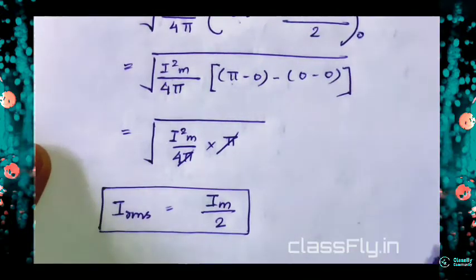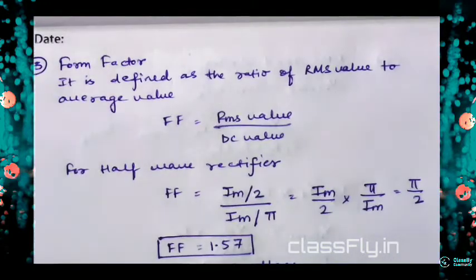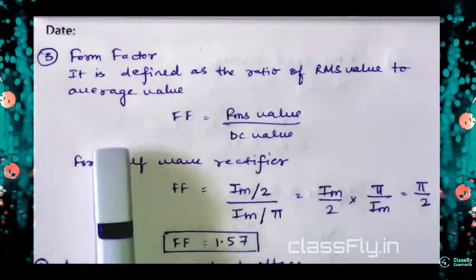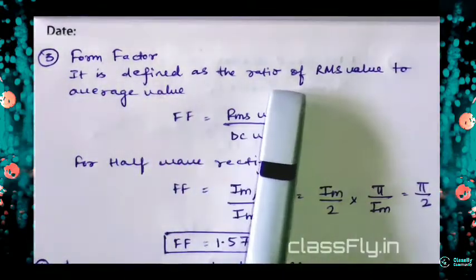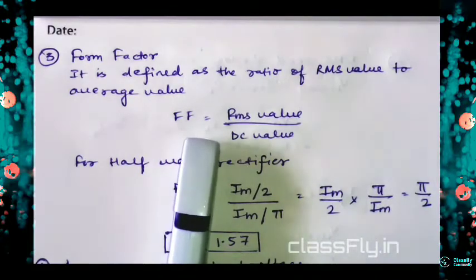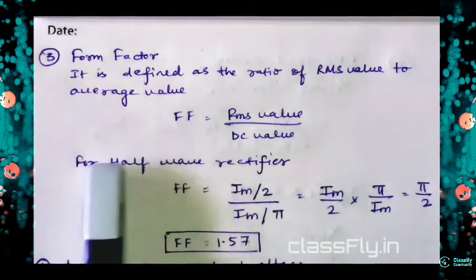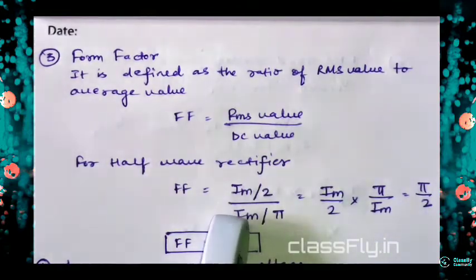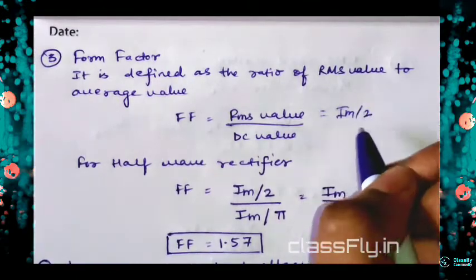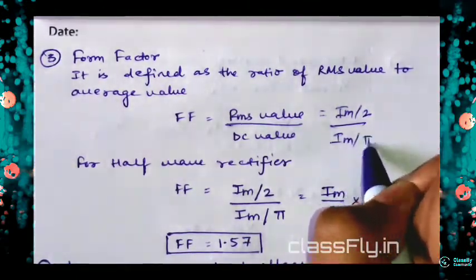So Irms is equal to Im by 2. This is the second parameter. Now we will head on to the third parameter, the form factor. We know that it is defined as the ratio of RMS value to average value, so form factor is equal to RMS value by DC value. For the half wave rectifier, the RMS value is Im by 2, which we found as the second parameter, and the first parameter was Im by pi.